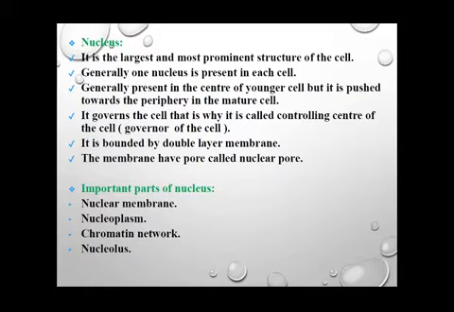In a younger cell, the nucleus is present at the center. In mature cells, the location of the nucleus is shifted towards the margin of the cell. That is, the nucleus is pushed towards the periphery.